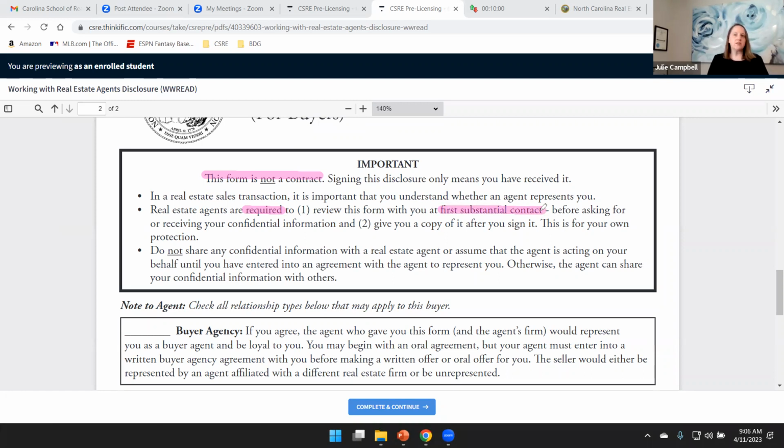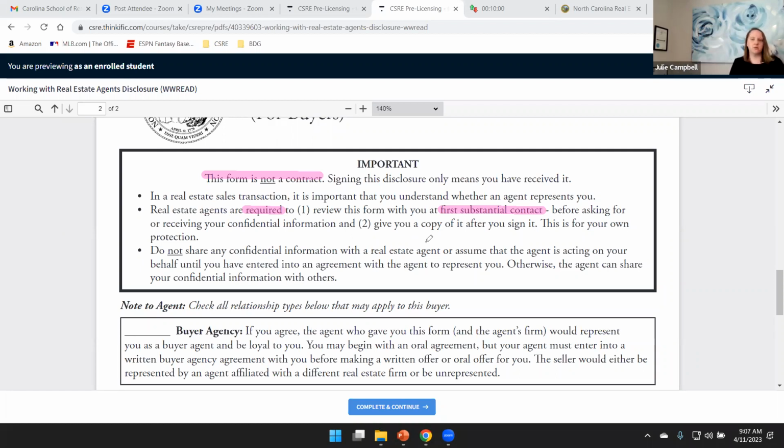When I start learning something substantial about the people in this transaction, now keep in mind, it's got to be transaction related. So if the people talk to me about what they have for lunch or what their weekend plans are to go to the beach, that has nothing to do with this transaction, does it? So it's the idea about this transaction, about real estate, of that first substantial contact.